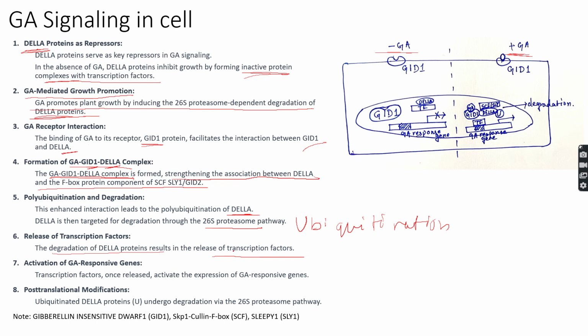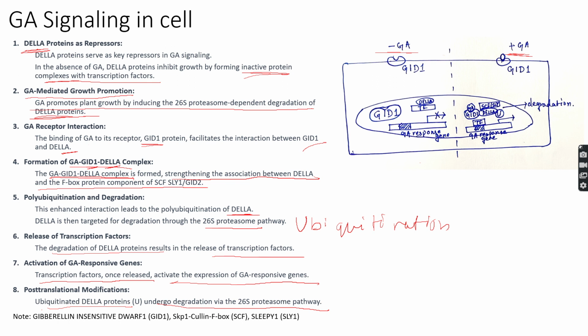The transcription factor will be free from DELLA protein, and it will be able to attach to the promoter region of the gene responsible for GA signaling basically. So the transcription factor, once released, activates the expression of GA responsive genes, and ubiquitinated DELLA protein undergoes degradation via the 26S proteasome pathway.